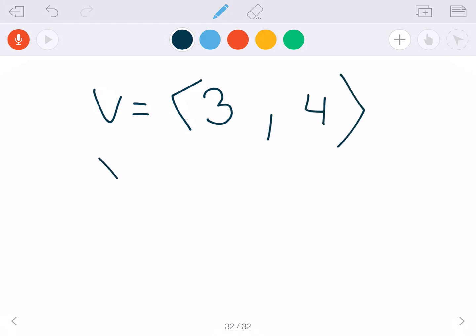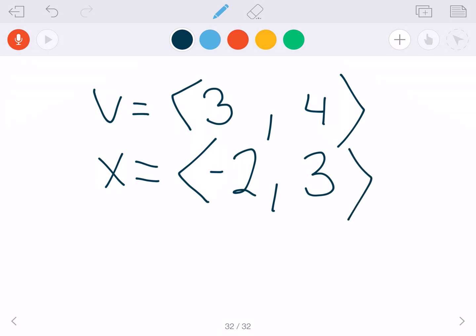If we're thinking about how to solve this numerically, then it's going to be pretty simple, like when we're adding them, right? So let's just say my first vector v here is 3, 4, and let's say I have another vector, we'll call that vector x, and it has a horizontal change of -2 and a vertical change of 3, okay?